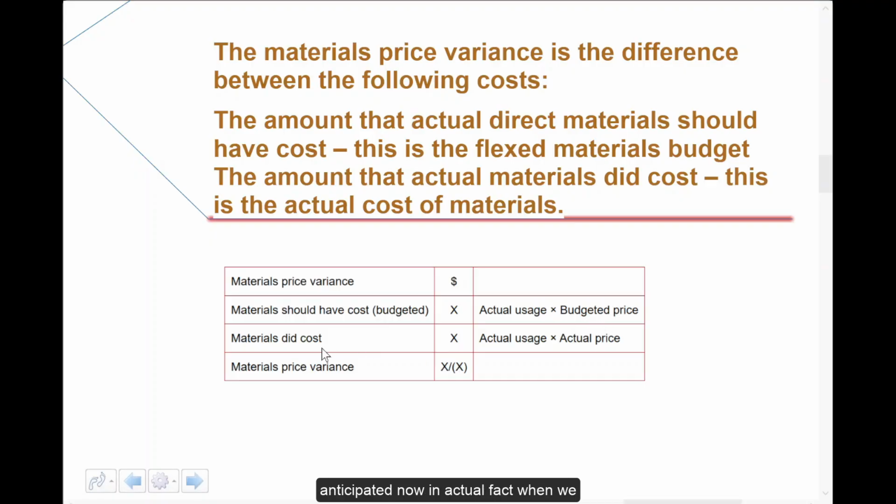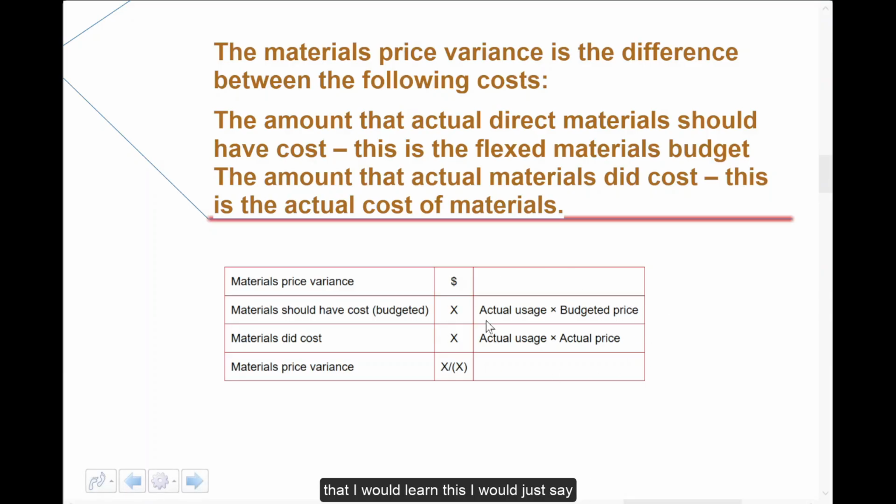Now, in actual fact, when we came to do our variance analysis, materials did cost the following: actual usage times actual price. So note the difference between the two, and also note the abridged form is the way that I would learn this.